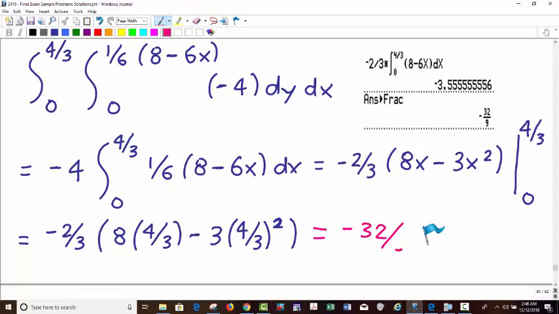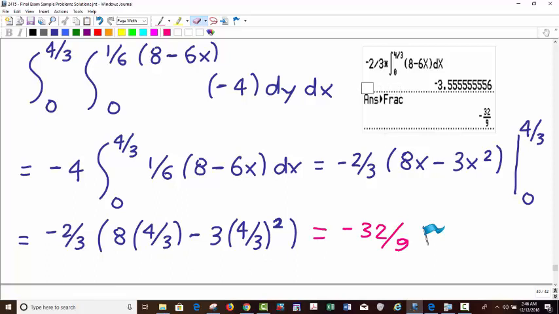Maybe I just typed something in wrong. It'd be 8 times 4/3 minus 3 times 4/3 squared. So I don't know if this part produces -32/3 or not, or I just wrote it down wrong.